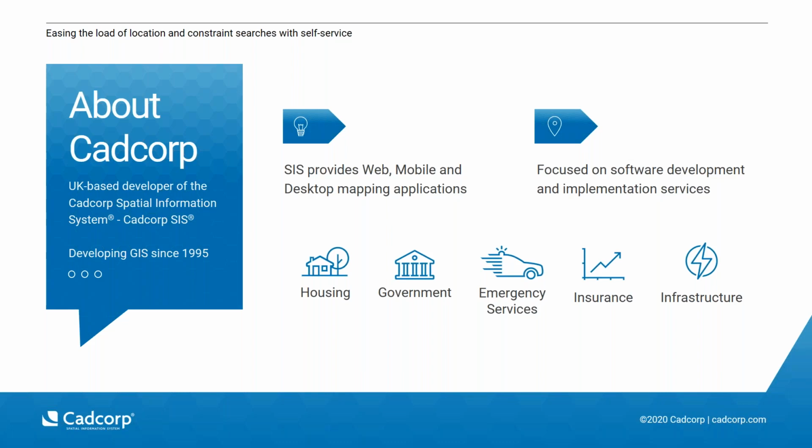And that's all built using the CAD Corp core technology. We provide our applications across multiple different sectors, such as housing, emergency services and insurance. The focus of today's webinar is government. So we work across central and local government, but that also goes down to town and parish councils as well.